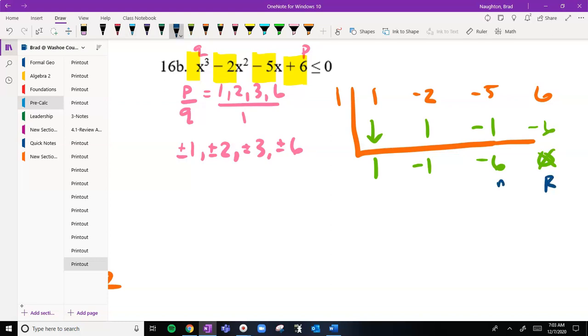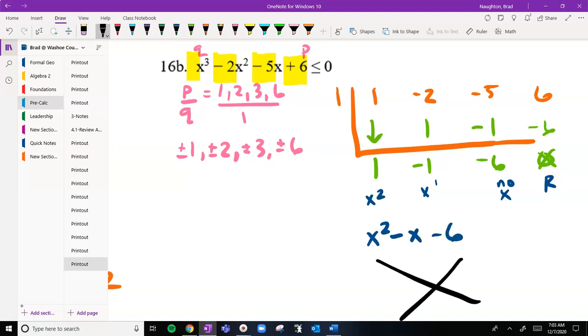So remainder, no x, x to the 1, x squared. So this is x squared minus x minus 6. So we're going to factor that. The numbers that multiply to a -6 and add to a -1 are going to be a -3 and a +2. So x minus 3, x plus 2.